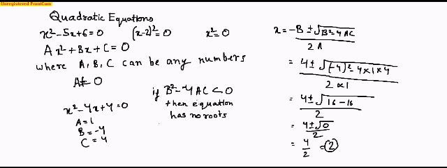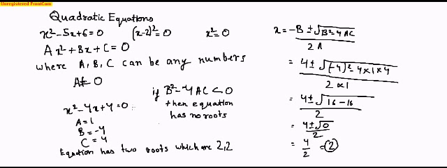So as discussed earlier, this equation has two roots which are 2 comma 2, that is two equal roots.